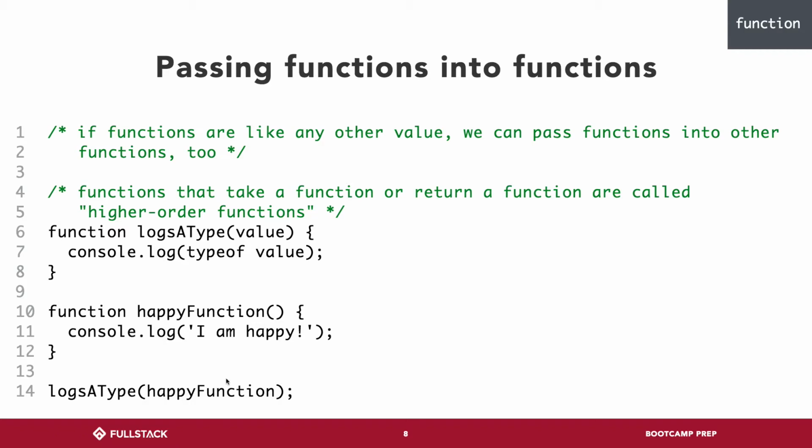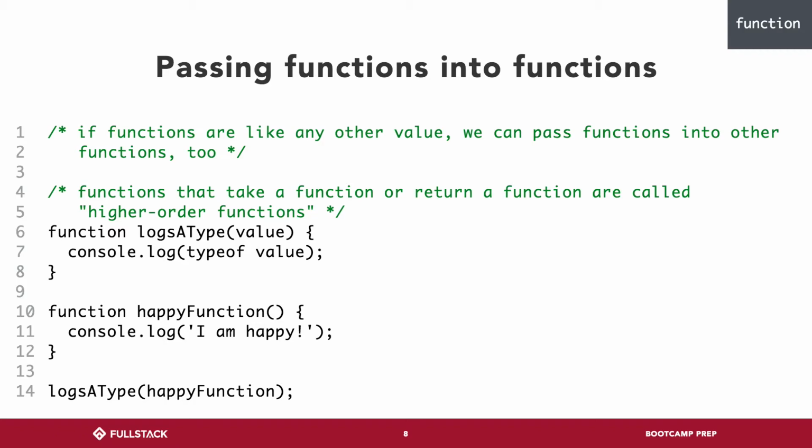But typeof, so what would typeof be? No, it wouldn't be that. Why? Because this is really confusing, but this doesn't return anything. It does a side effect. Basically, console.log is another function. When you call this function, it doesn't return anything.